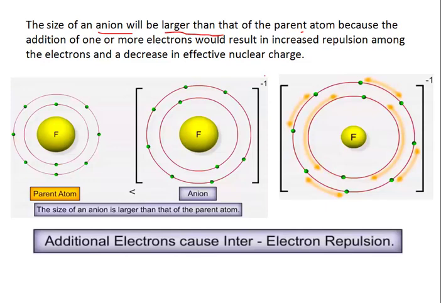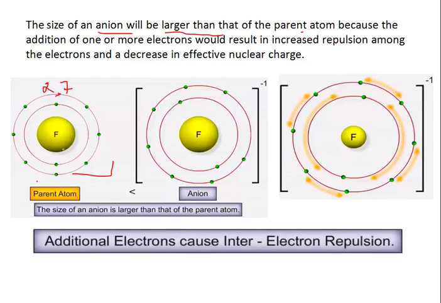Now we have to relate why this happens. Let us take into consideration this figure. This is fluorine atom, and fluorine has 9 electrons, 2 in the inner shell and 7 in the outer shell. Its outer shell requires only 1 electron to get completely filled, 2 plus 8.